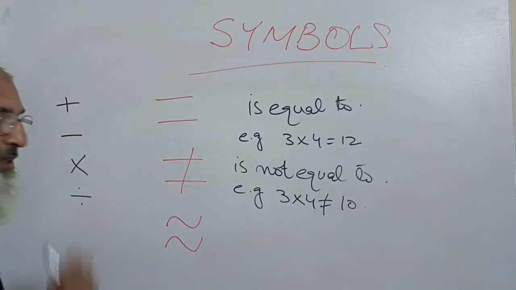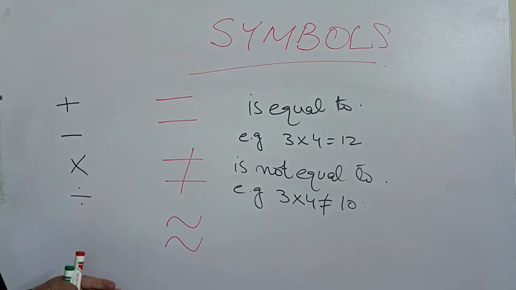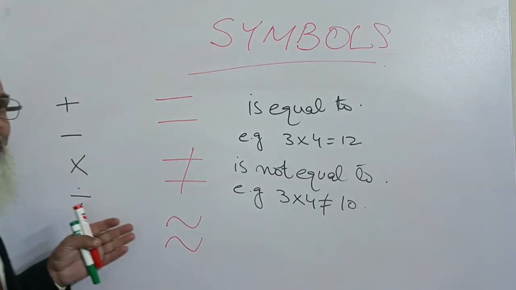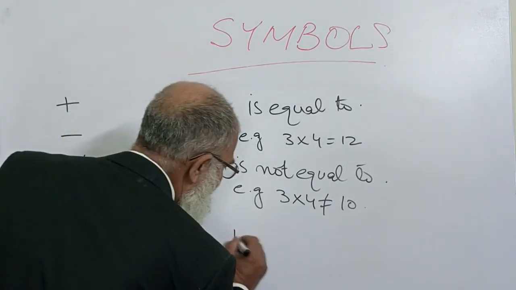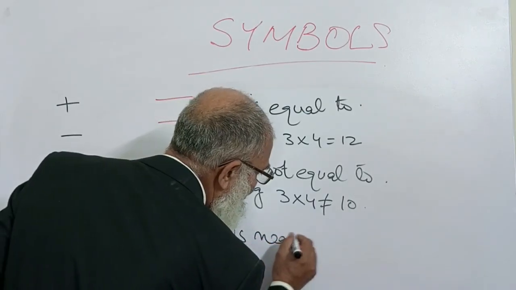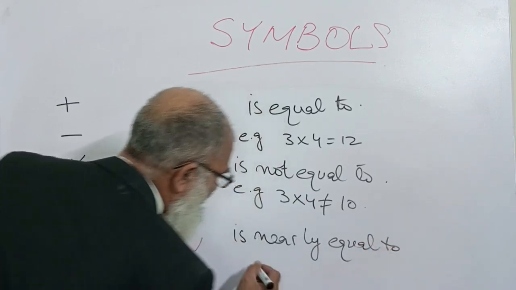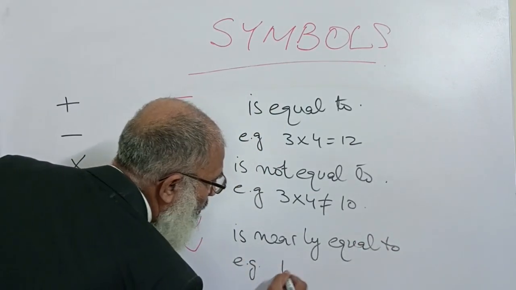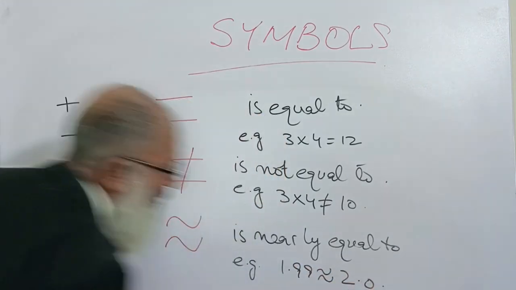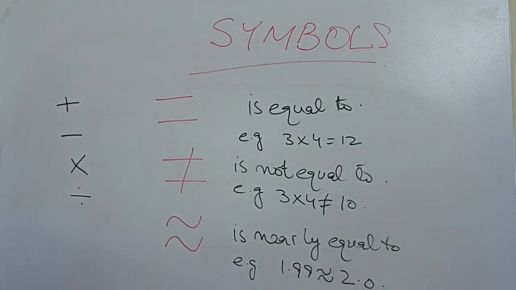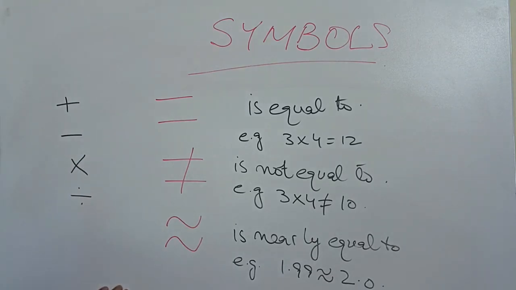And the third symbol here is nearly equal to, or merely equal to. For example, 1.99 is merely equal to 2. So you must have noticed the difference between the three symbols.